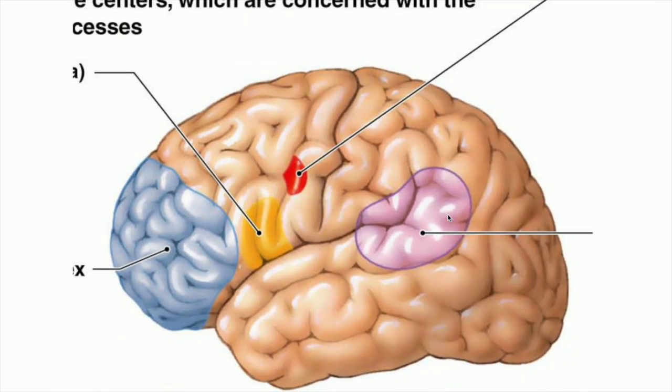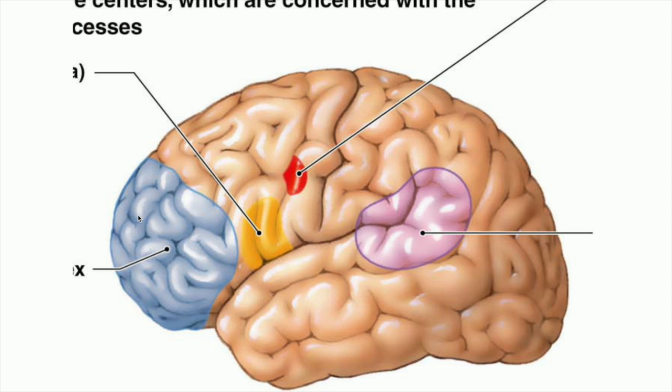Also in the brain we have integrative centers, which perform complex processes like speech, writing, math, and understanding spatial relationships. So we could call these our thinking areas. Right here you have the speech center, also called Broca's area, which produces speech.